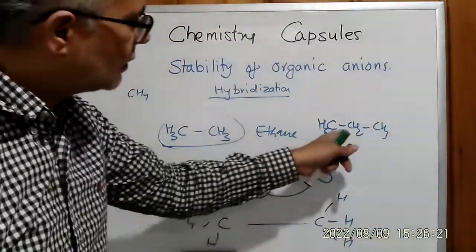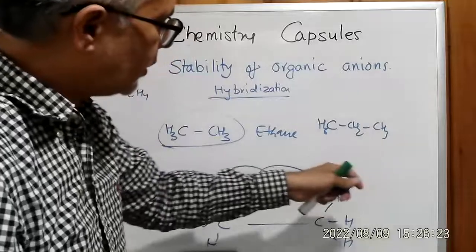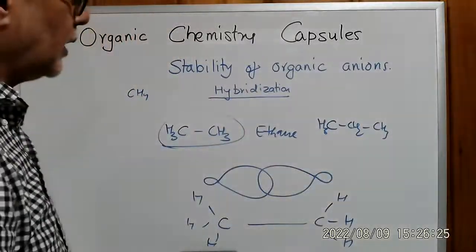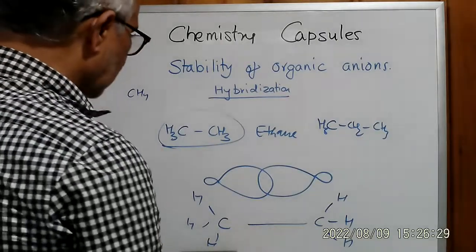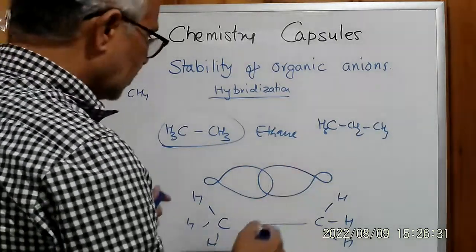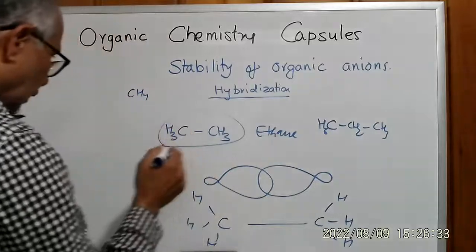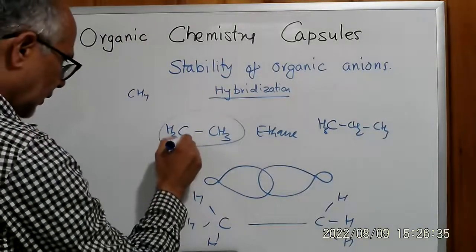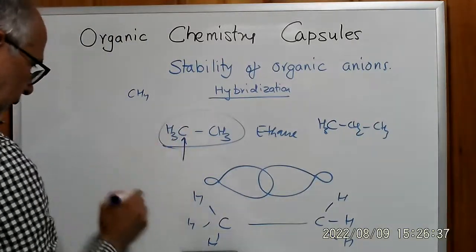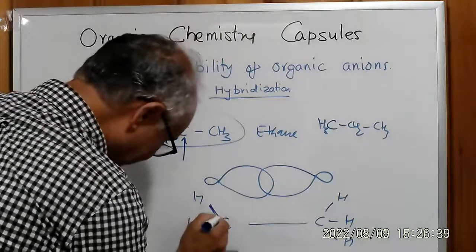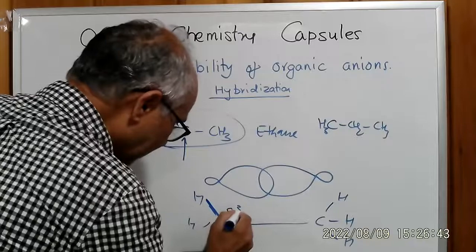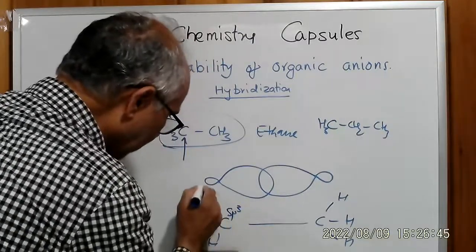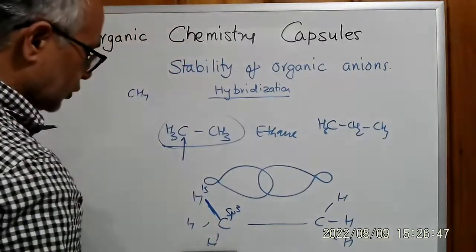But you see the 3 carbons here, each carbon is sp3 hybridized, and the bond between the carbon and hydrogen involves the sp3 hybrid orbital of the carbon and the 1s orbital of the hydrogen.